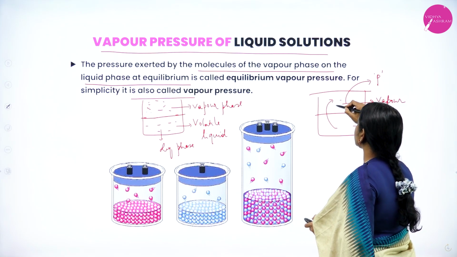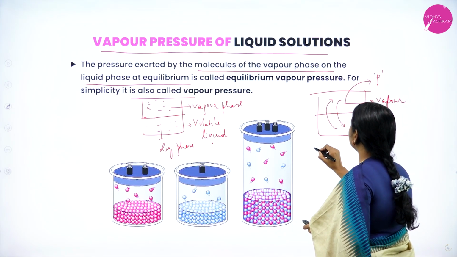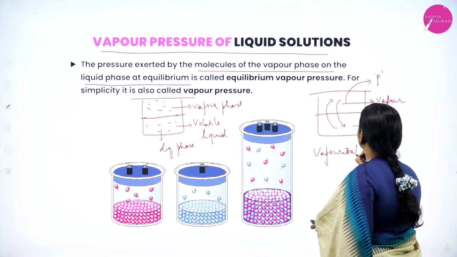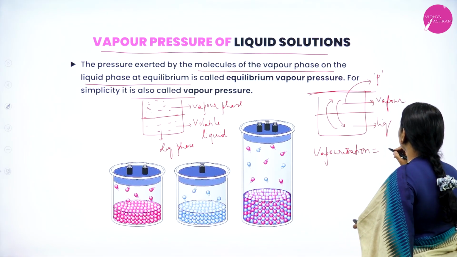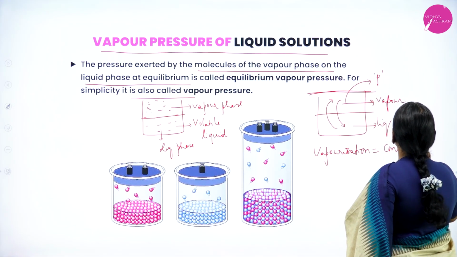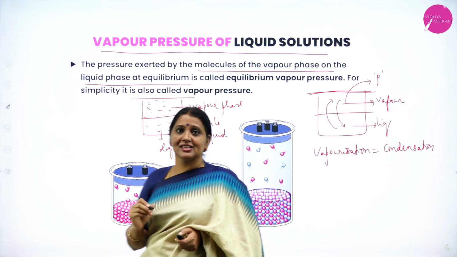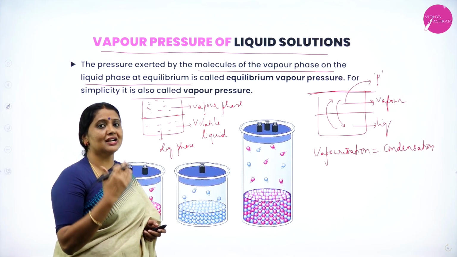One is the forward reaction, another one is the backward reaction. When liquid is converted into vapor, the forward reaction is called vaporization. Next, when we close this beaker, these vapors are converted into liquid. It is called condensation. Forward reaction is vaporization. Backward reaction is condensation.